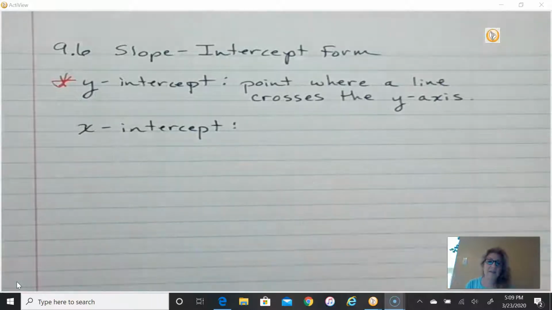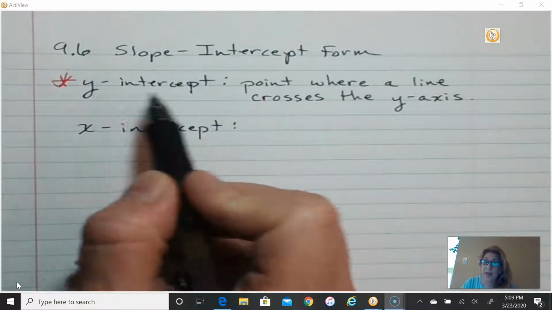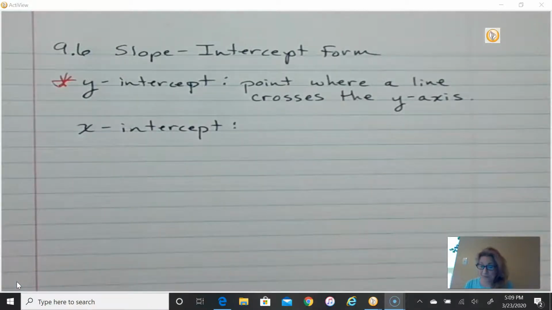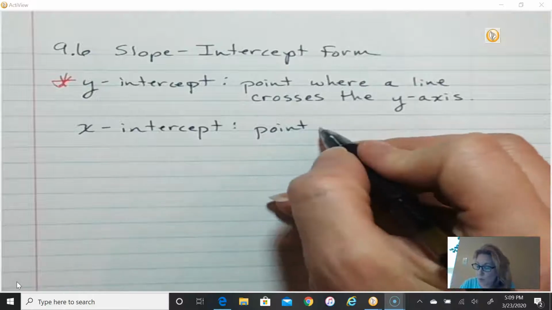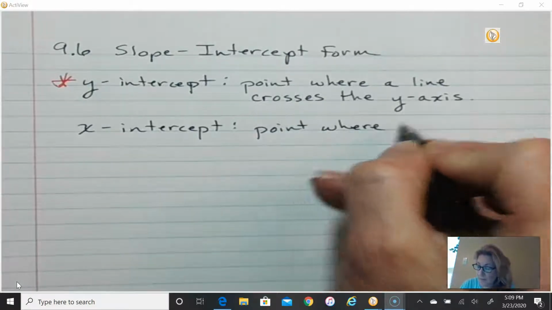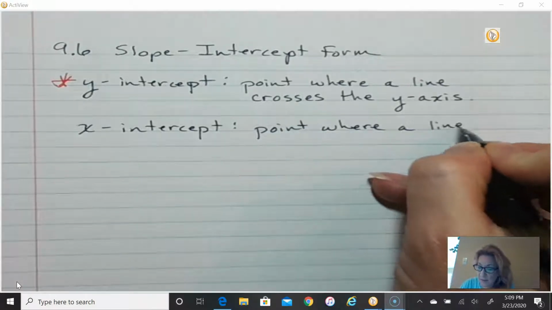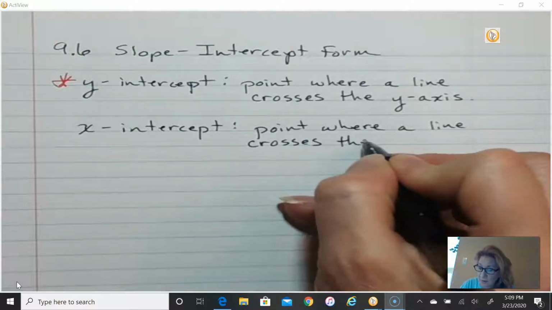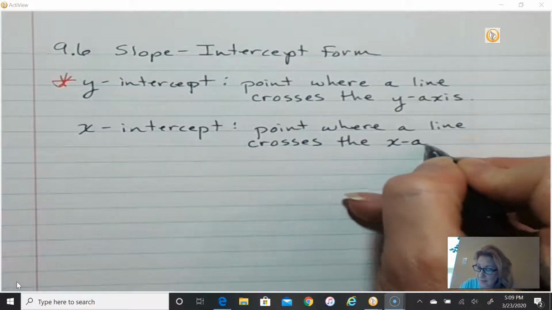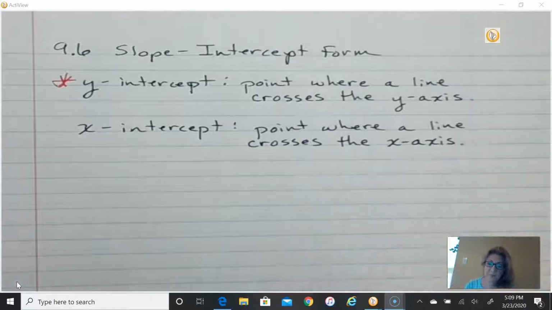Now, you have to learn what an x-intercept is, but the y-intercept is the most important, though. The x-intercept is the point where a line crosses the x-axis. Okay?